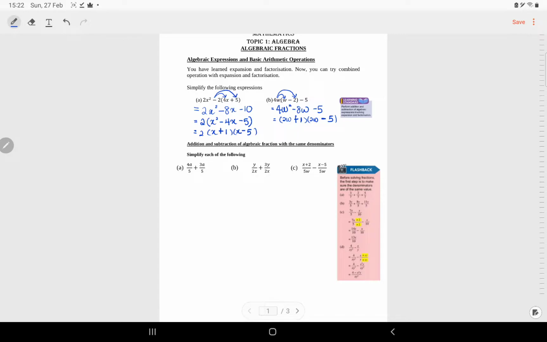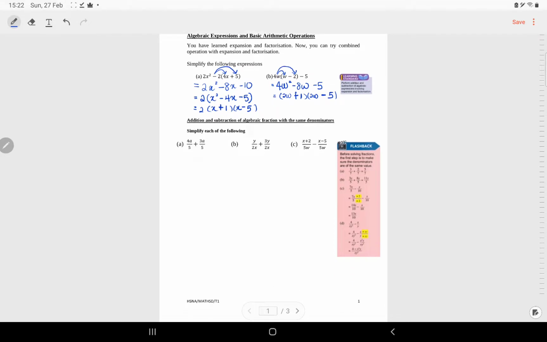Okay. So we will be applying expansion and factorization when we do algebraic fractions. So the first one that we will look at is addition and subtraction of algebraic fractions with the same denominators.